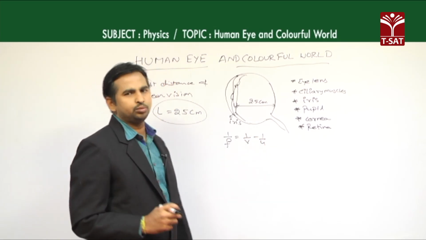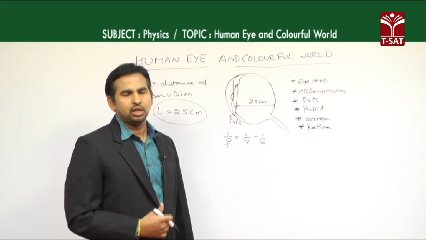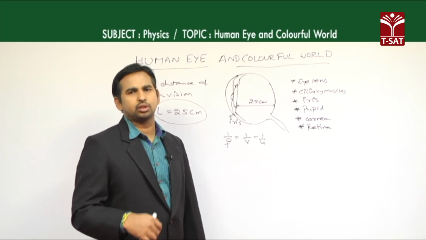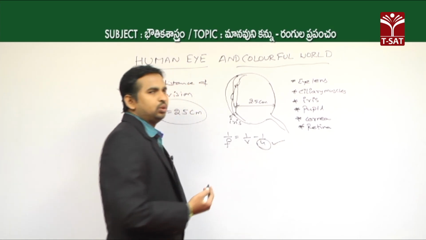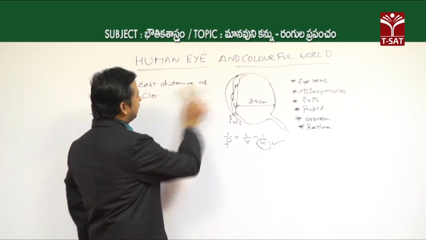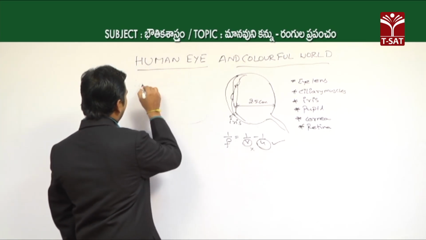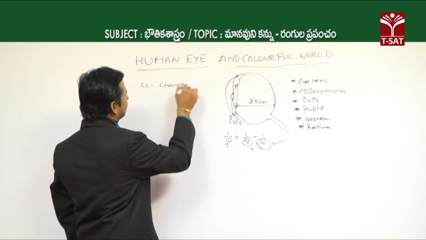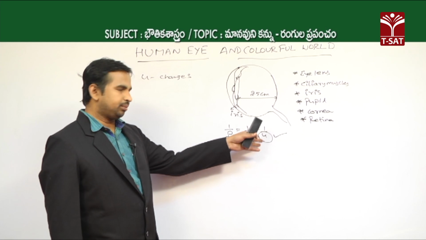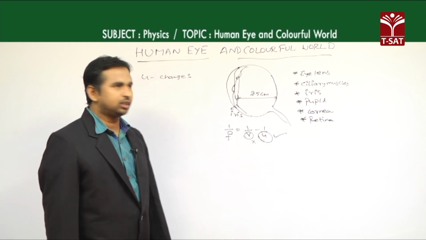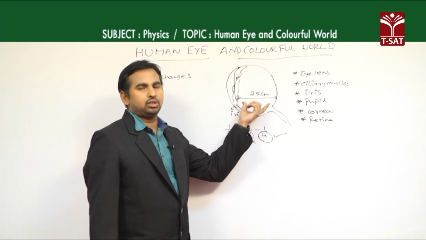As we see different objects around us, the distance to them is not the same. Every time the distance is changing. We can see near objects or far objects, so the object distance u is changing continuously, whereas the image distance never changes. u always changes depending on whether the object is near or far, but the distance from the lens to the retina, which is our diameter, is fixed at 2.5 centimeters.